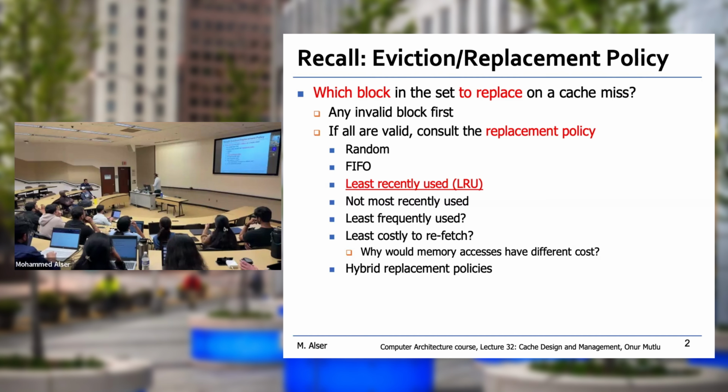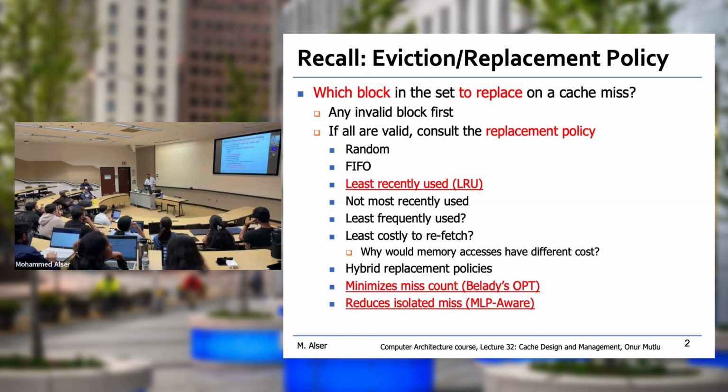Today we will focus on LRU, which is least recently used, plus two more policies to replace those blocks. The first one minimizes the miss count, which is the goal of the policy. The policy itself is called Belady OPT, which is an optimal algorithm, or they claim it to be optimal.